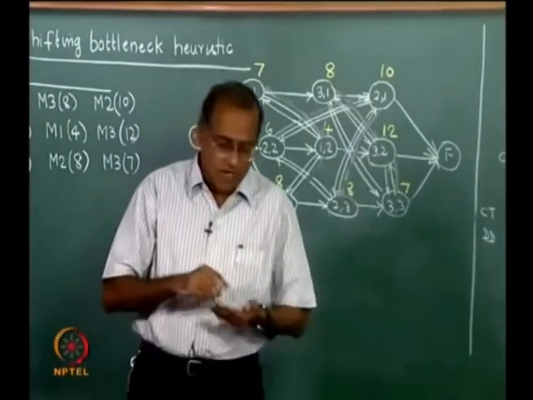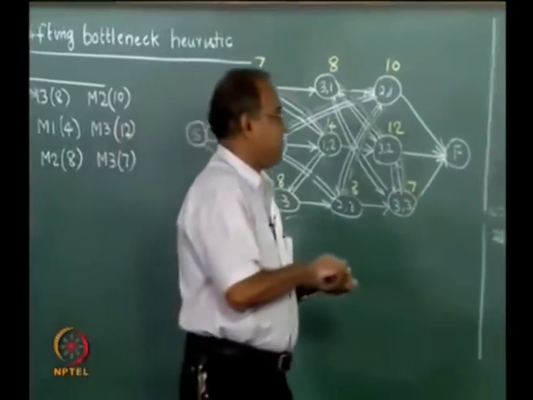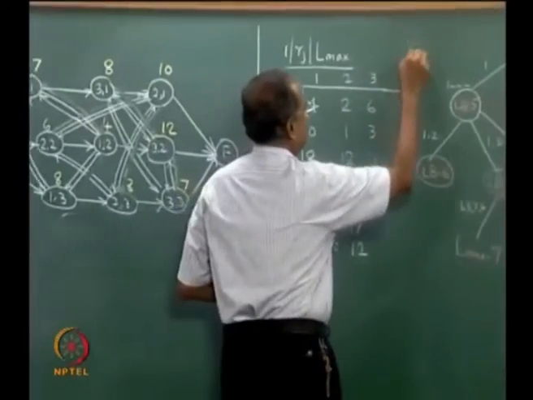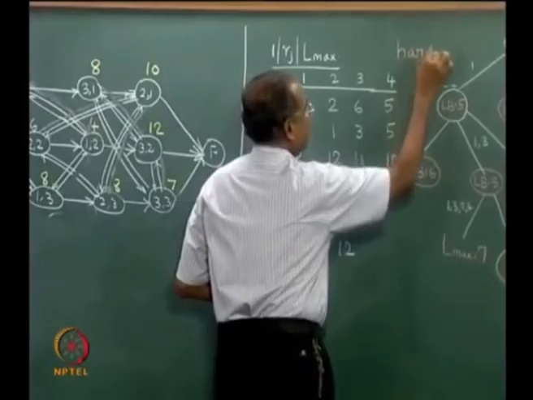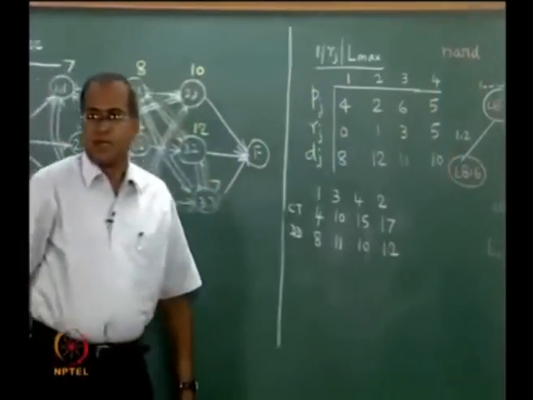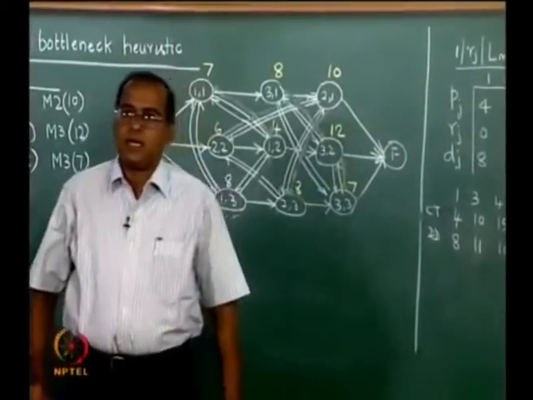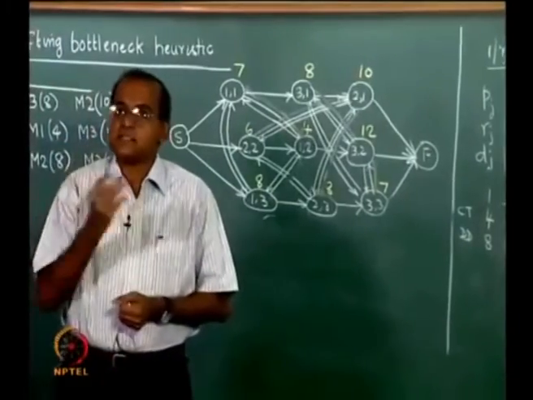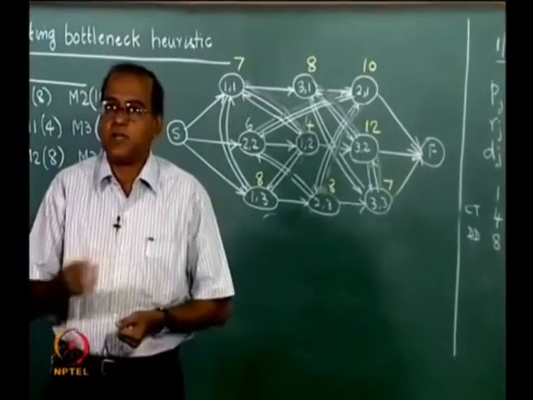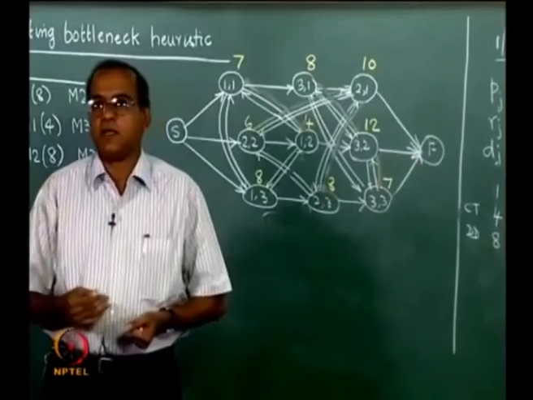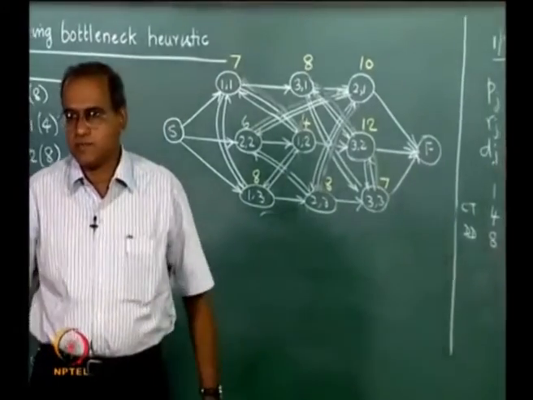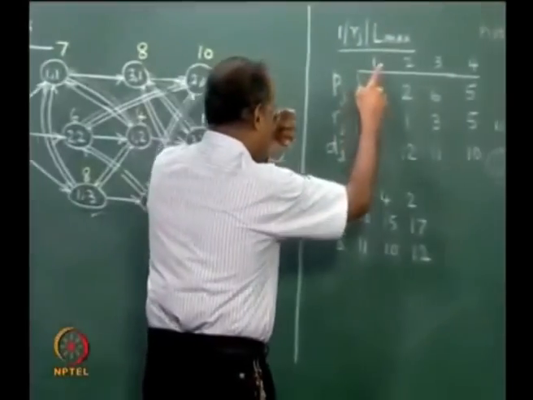So, this is a branch and bound algorithm to solve the 1 r_j L max problem optimally. But then the 1 r_j L max problem is a hard problem, it is a difficult problem, and may in the worst case involve computation of all the n factorial possible sequences. Now, we took an example with 4 jobs.